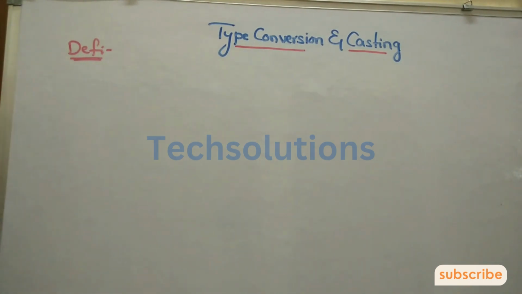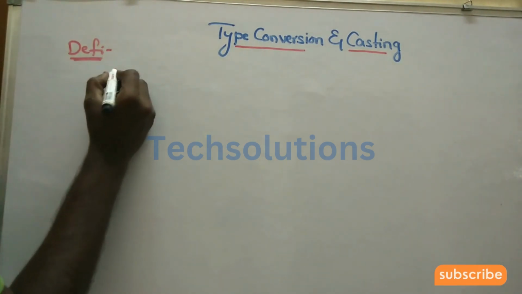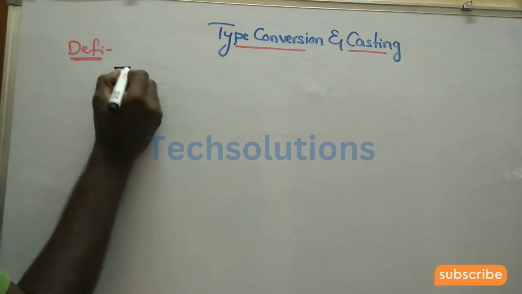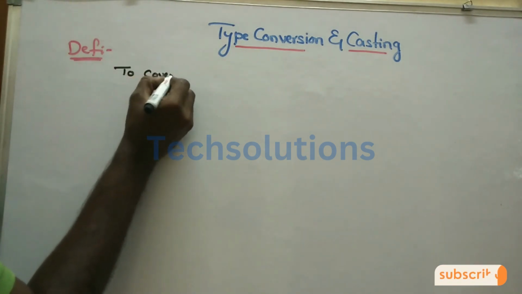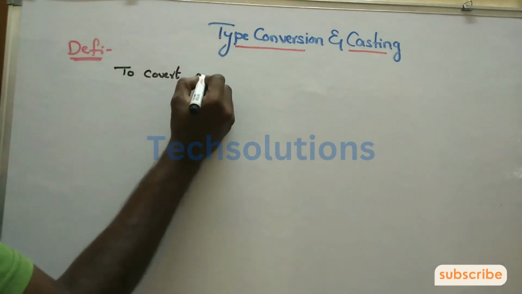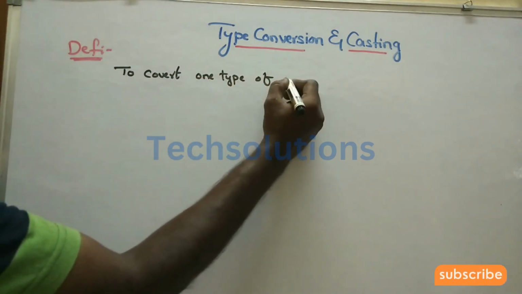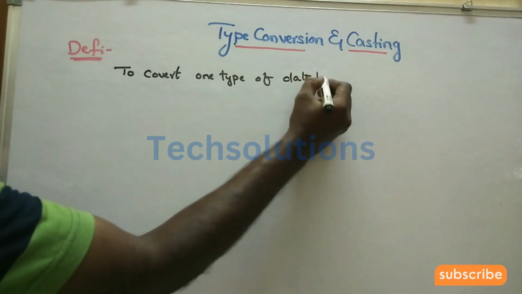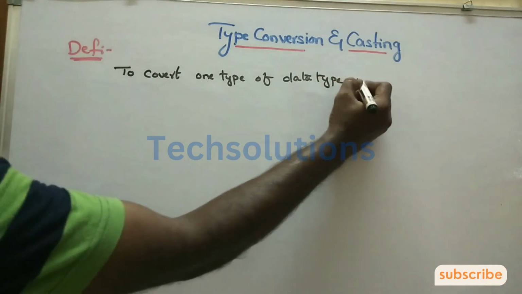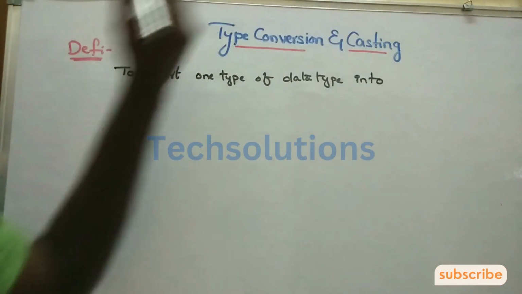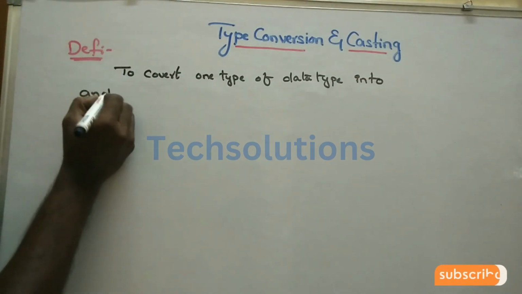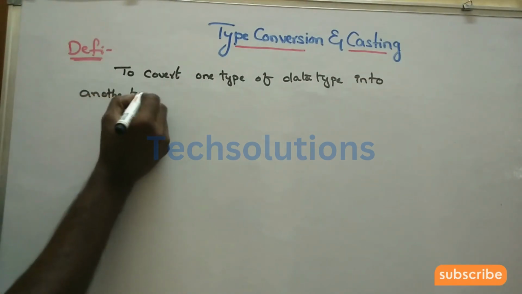See, the type conversion is nothing but to convert one type of data type into another type of data type.